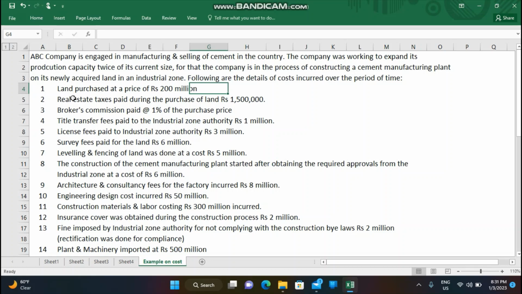So we'll see what are the transactions that will fulfill this criteria given in the definition of cost, and according to that we will include that element into the cost of fixed asset.